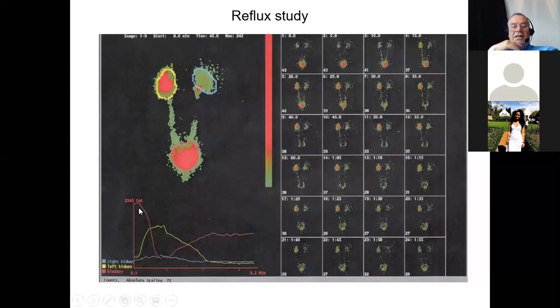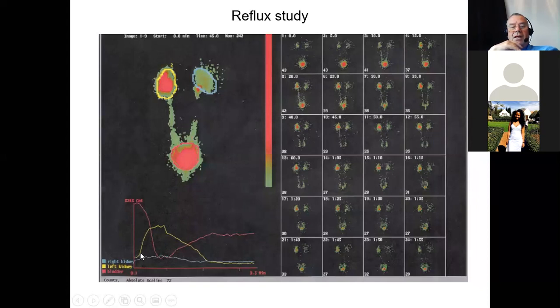And you can see here, this is the bladder curve. So the bladder empties out. And on this side, you can see that there's some hold up on this kidney. You can see that it starts off empty, fills, fills, fills, and then later on empties out.